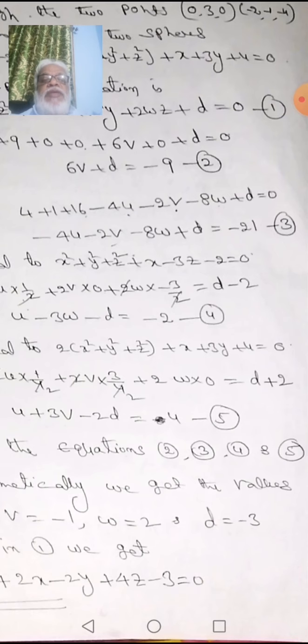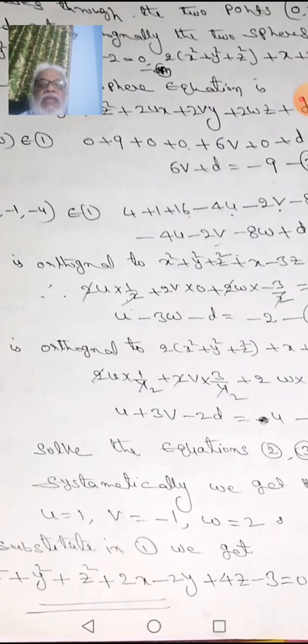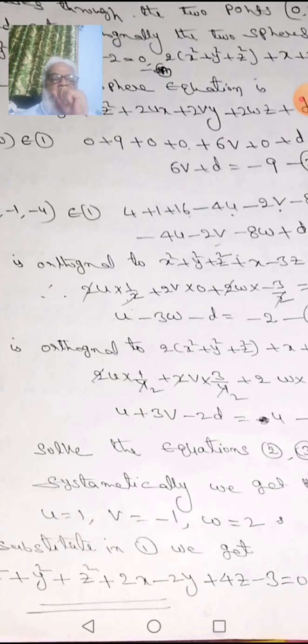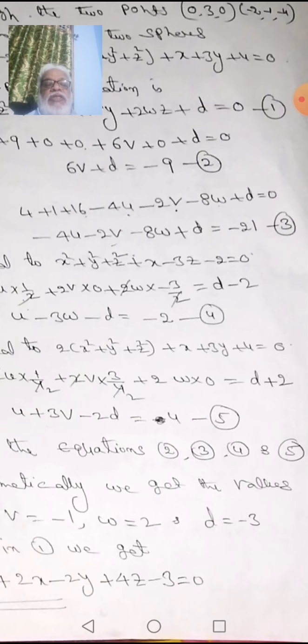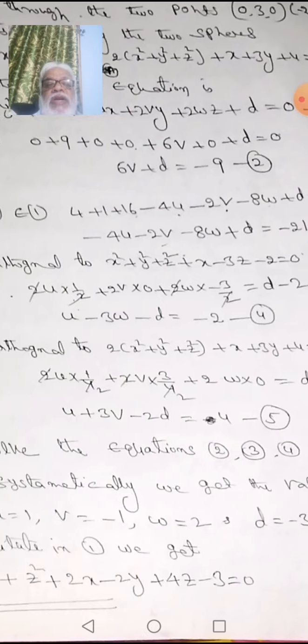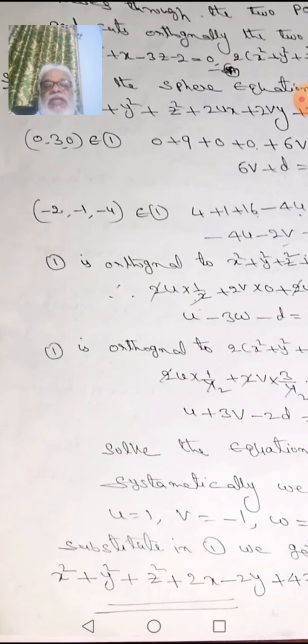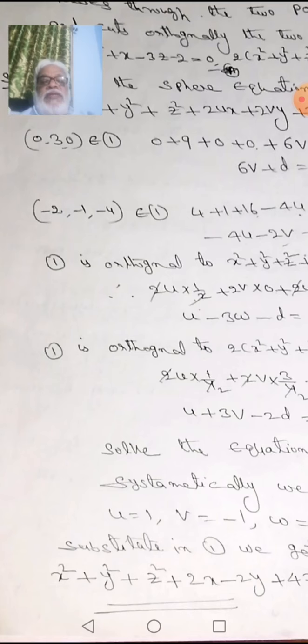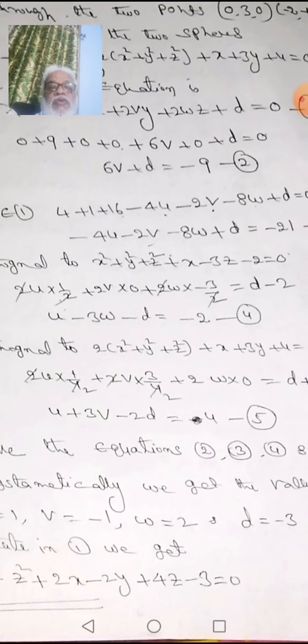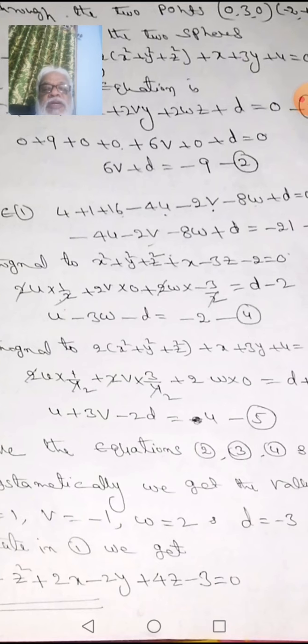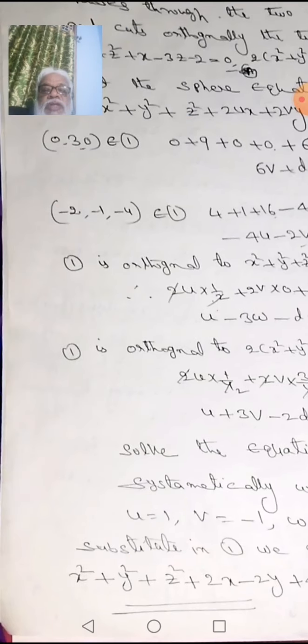But in the examination you cannot write like this; you must solve the equations and get the u, v, w, d values and substitute in 1. Then we get x square plus y square plus z square plus 2x minus 2y plus 4z minus 3 is equal to 0.